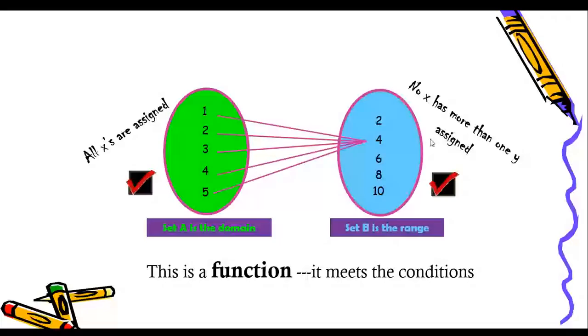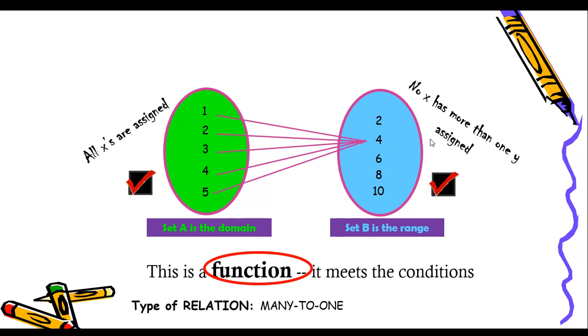And what type of relation is this? A many-to-one relation because there are two or more elements in set A paired with the same element in set B. And a many-to-one relation is also a function.